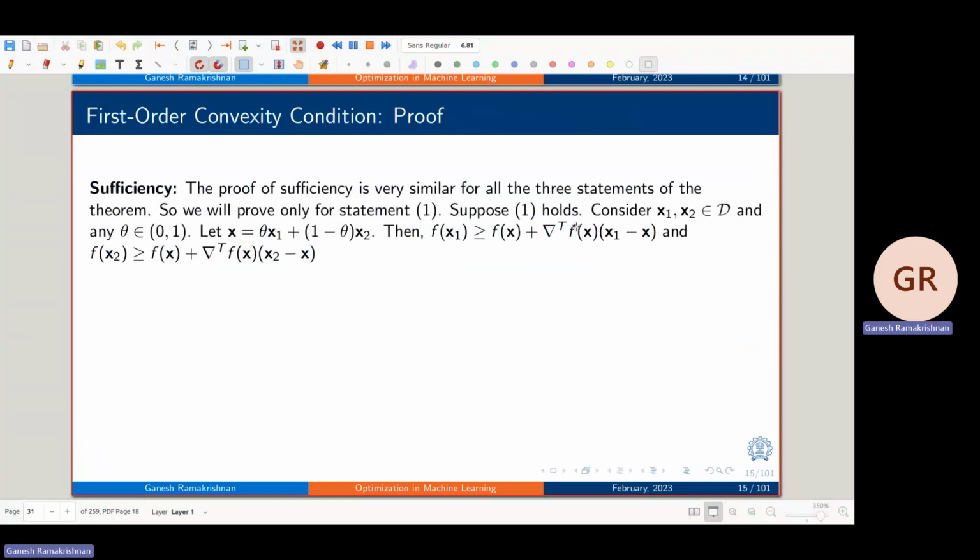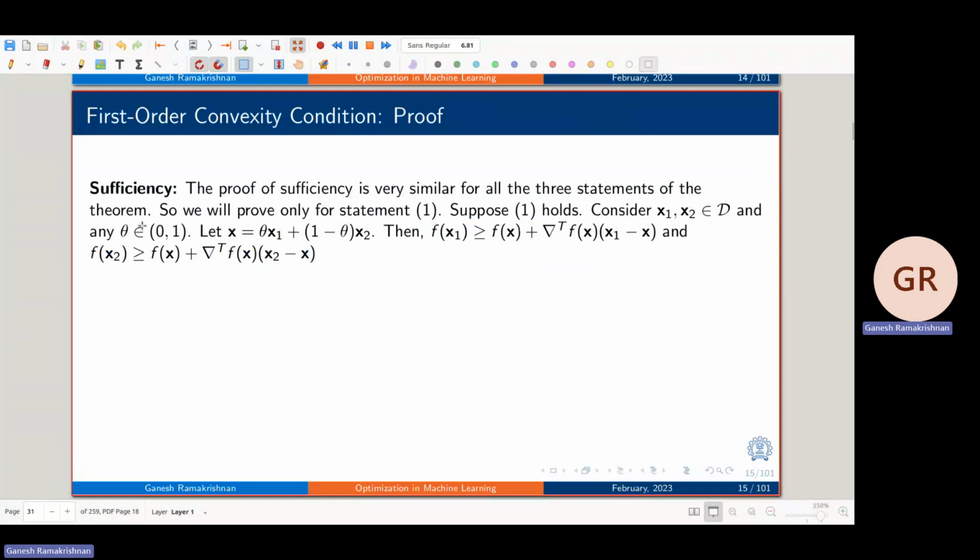If I do this for point y1, do this for point y2, and take a convex linear combination of y1 and y2, you'll see that these inequalities work out very naturally. You'll end up getting the convex inequality. For all three, it's not difficult. So sufficiency is easy.